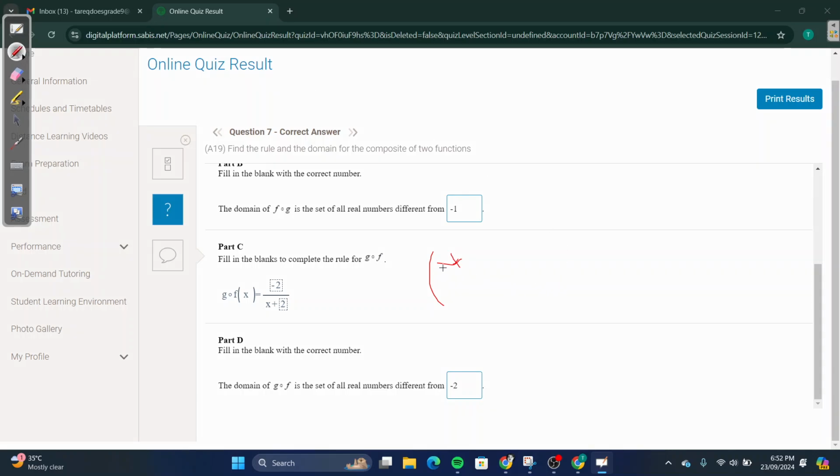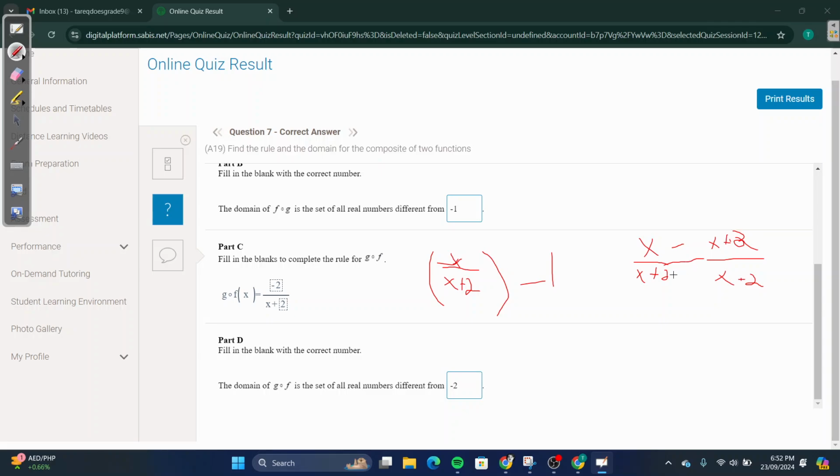X over x plus 2 minus 1. So again, you want to change this to be over x plus 2, so you put a fraction on the 1: x plus 2 over x plus 2.